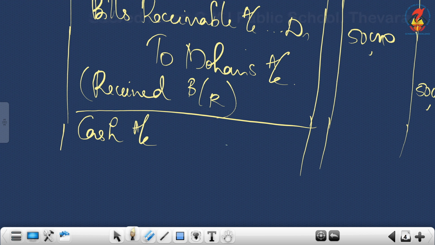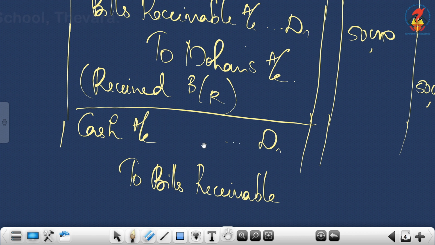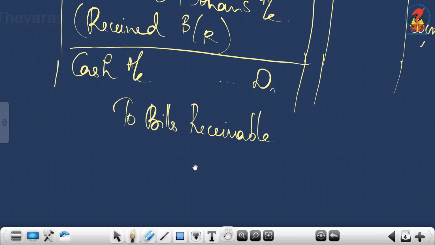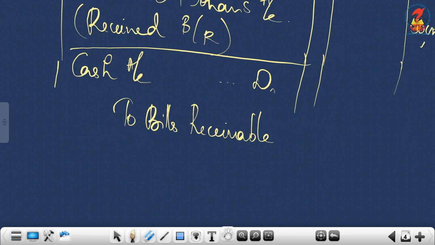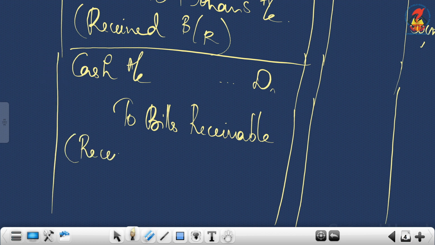It will be cash account debtor to bills receivable. Received the amount.